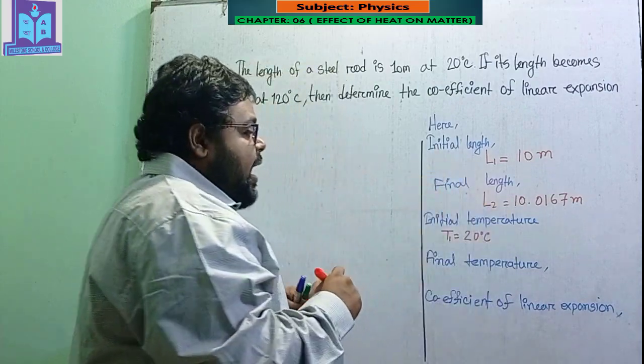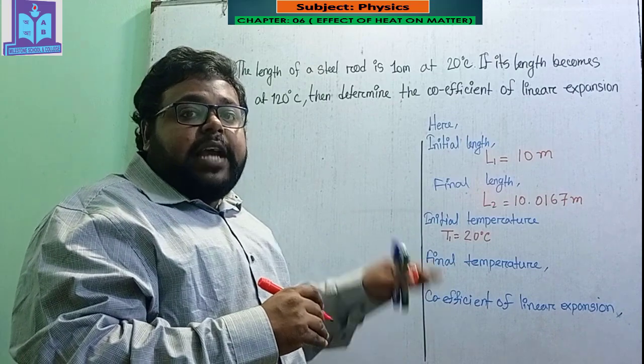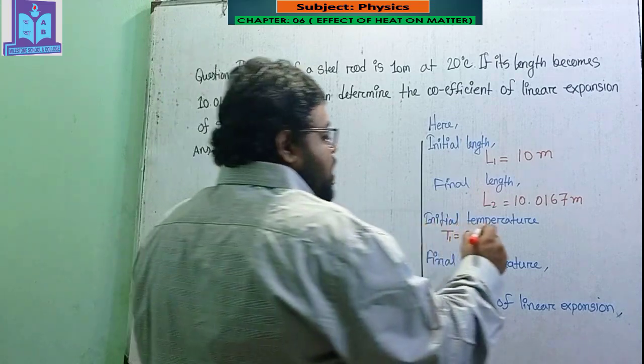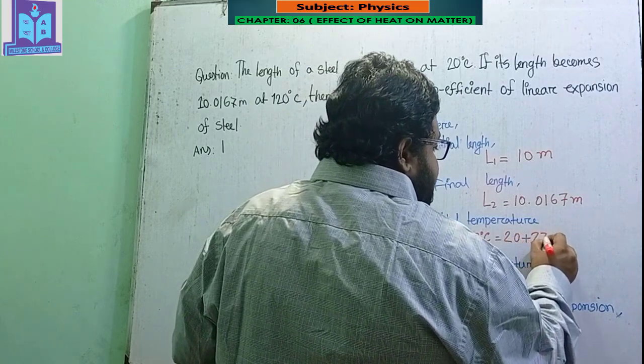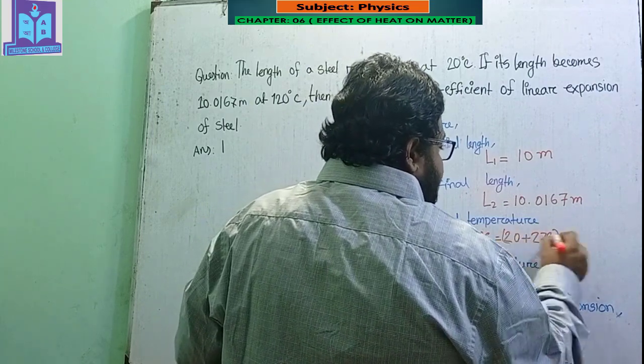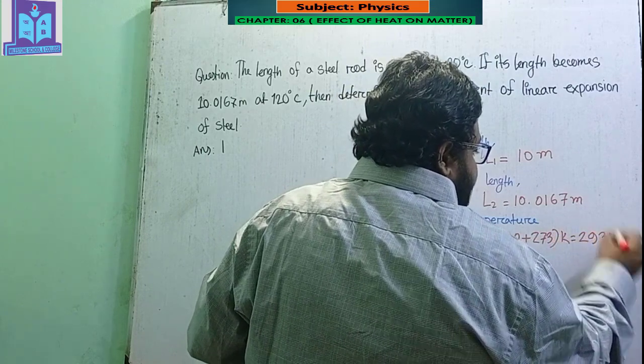Here I can convert this degree Celsius to the Kelvin scale. To convert, I have to add 273, so T1 is 293 Kelvin.